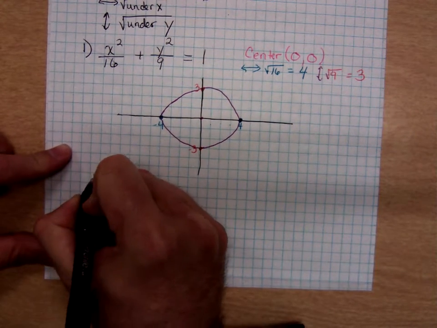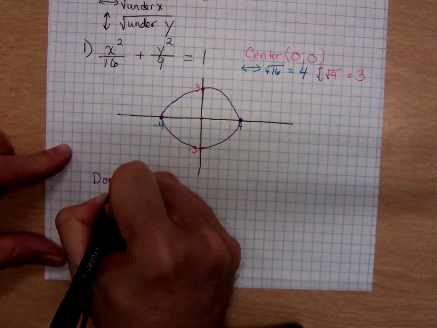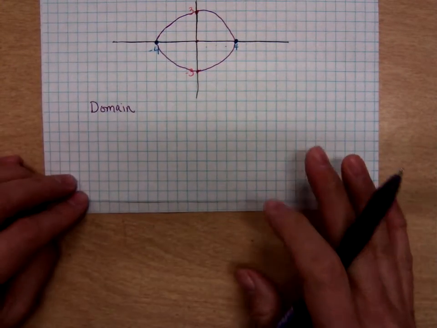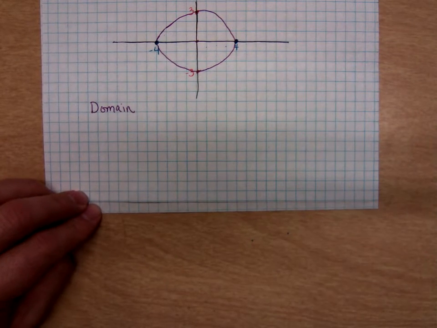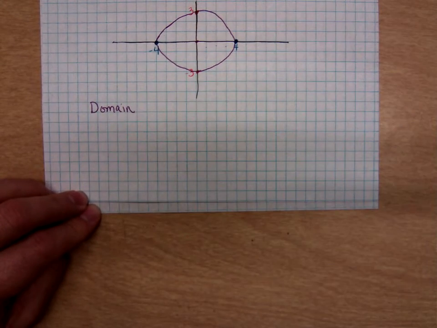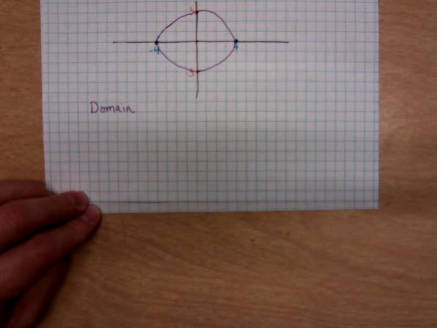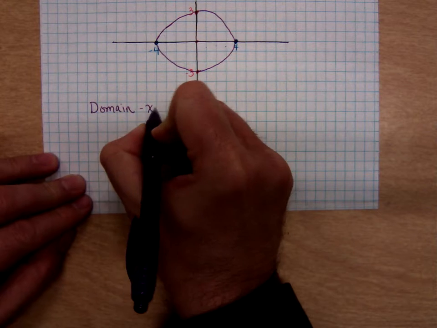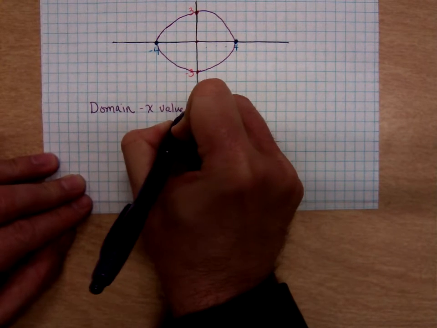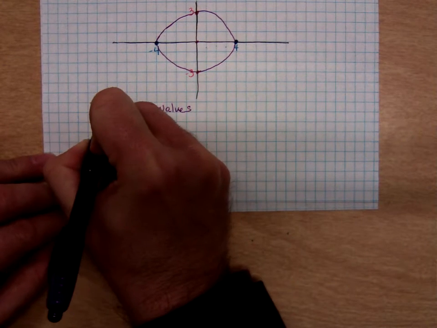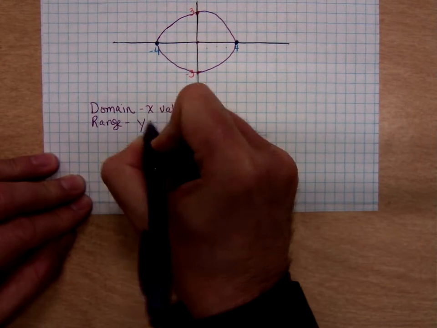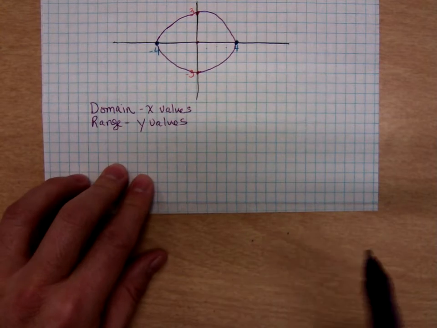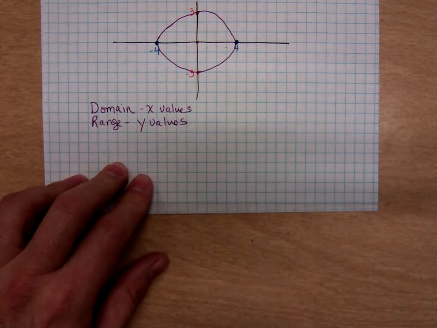The domain, that word D-O-M-A-I-N, refers to the x values. And range refers to the y values of a graph. So if we were asked for this graph, what are the x values?